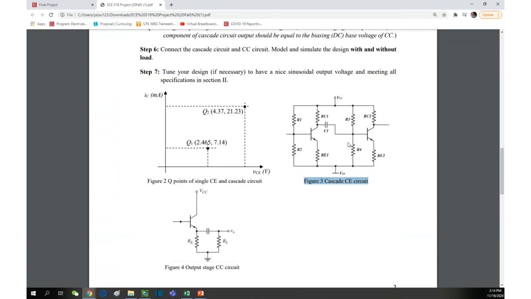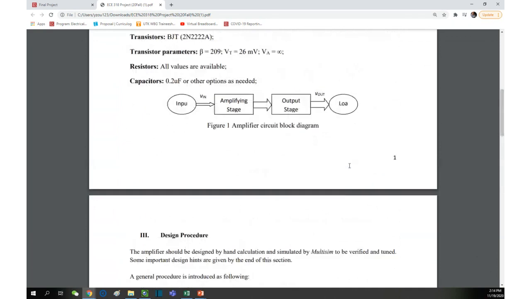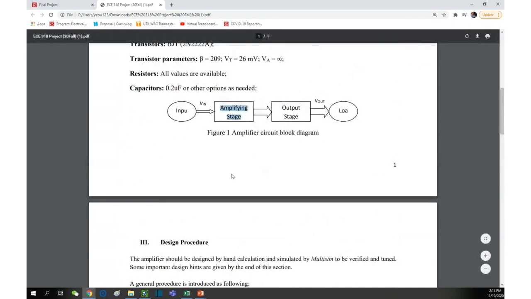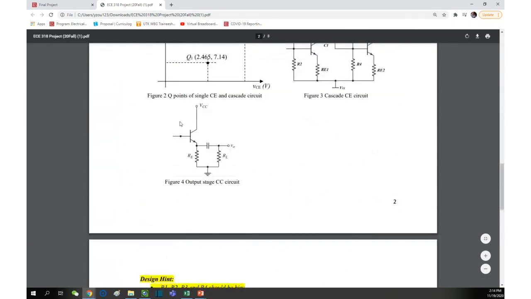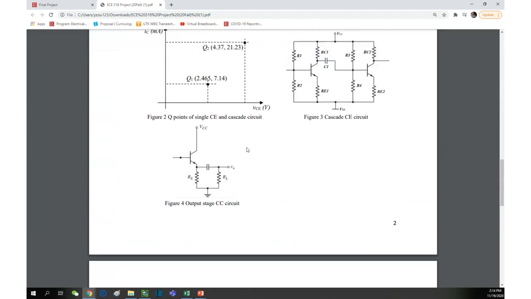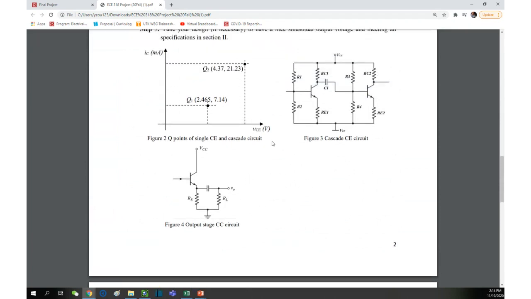This is one stage. You're seeing cascade 2 CEs, right? However, this is one stage, which is the amplification stage. Second, the output stage is this common collector circuit. Okay, I'm giving you the circuit. You don't have to design a circuit. You just need to design the resistors.